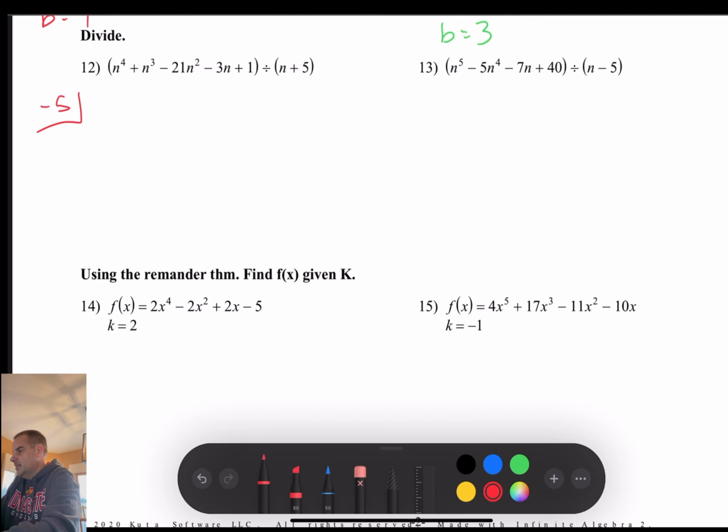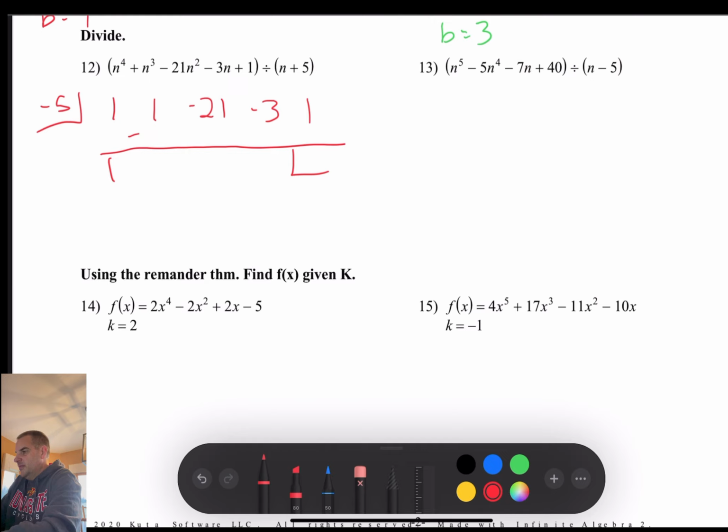Look at my constants. I've got a 1, a -21, a -3, and a 1. Drop the 1 down.